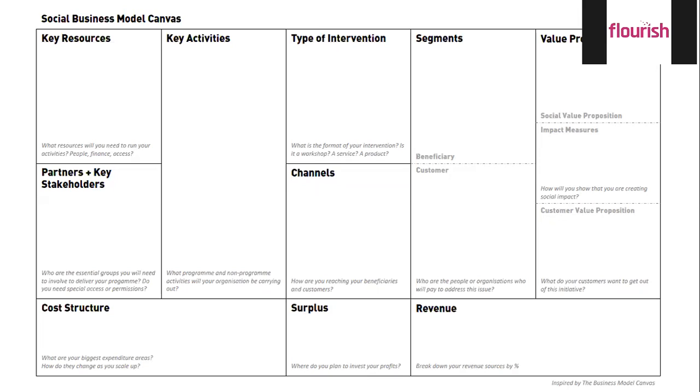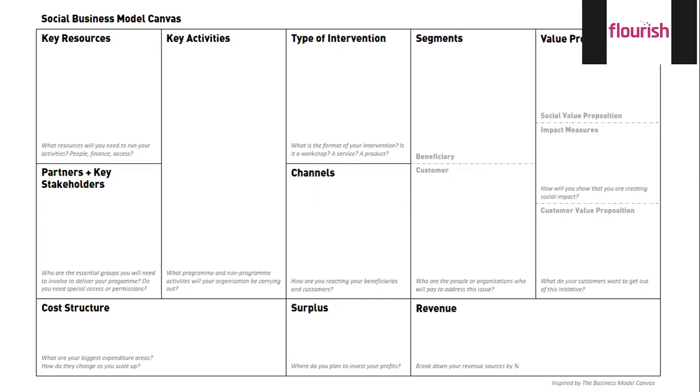I guess in reality, what we often have to do with this sort of stuff is take a bit of a step back. You might have started running and mapped out, well, here are our products and services, i.e. your key activities, and here's who we think we're working with. Then there's the value proposition, and often funders want to know, what's your value proposition?